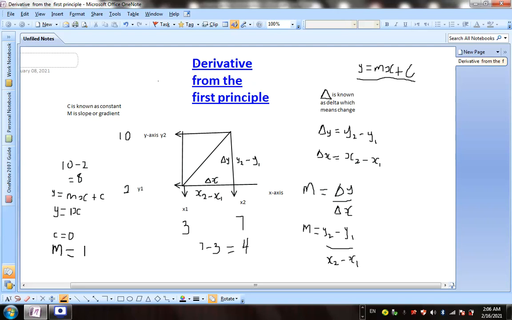Now let's use first principle to find maybe it's true that our m is equal to 1 in this case.